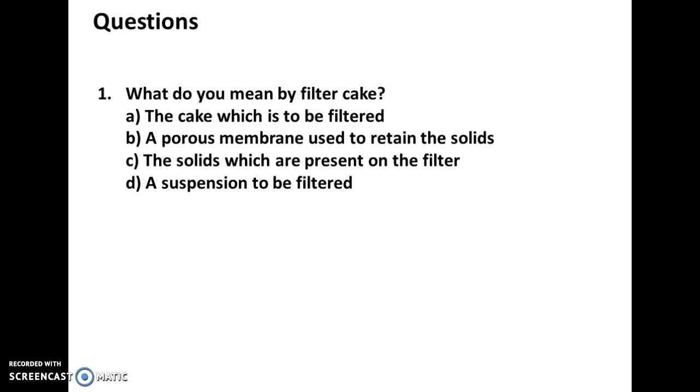The first question is, what do you mean by filter cake? You have four options: the cake which is to be filtered, a porous membrane used to retain the solids which are present on the filter, a suspension to be filtered, or the solids which are present on the filter.